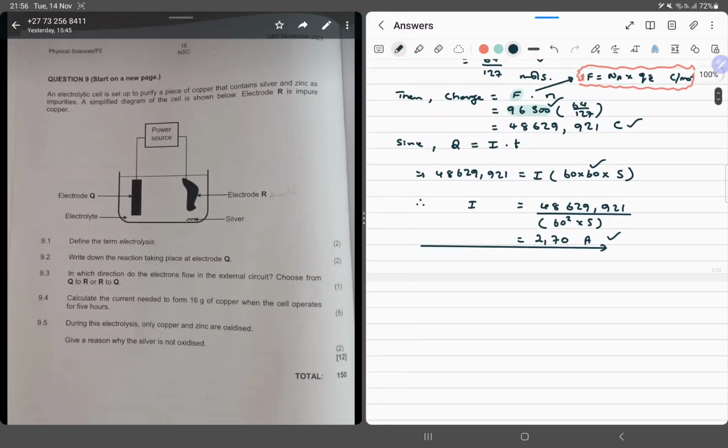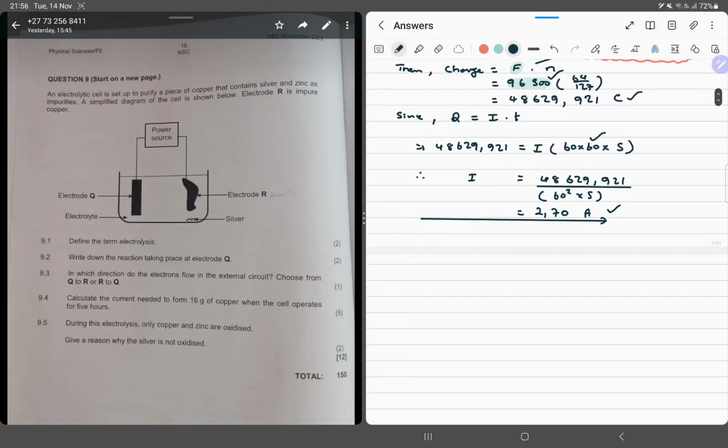All right, so let's move on to the last question. So 9.5 says, during this electrolysis, only copper and zinc are oxidized. Okay, and then the question says, give a reason why silver is not oxidized. It's only because silver is a weaker reducing agent than these two.